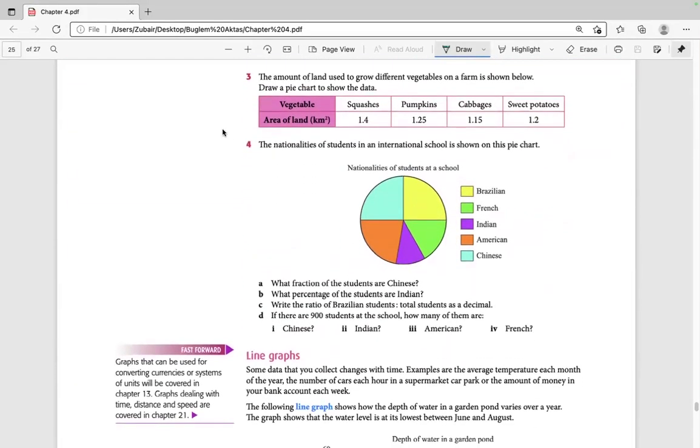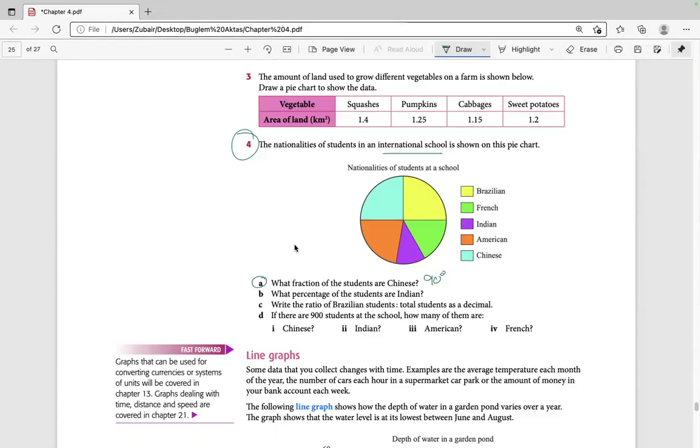Okay, let's see this colorful question. The nationalities of students in an international school are shown on the pie chart: Brazilian, French, Indian, American, and Chinese. What fraction of the students are Chinese? Looks like a quarter. That's right, it is 90 degrees, but in reality, how would we do that?